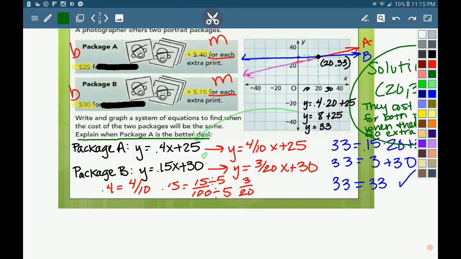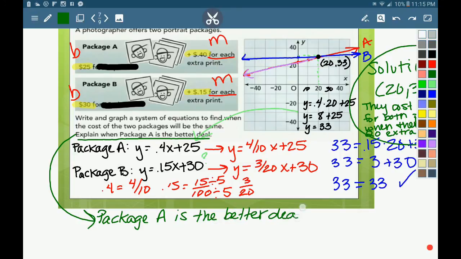Okay, I'm going to write that down below here. Explain. Package A is the better deal for less than 20 extra prints.